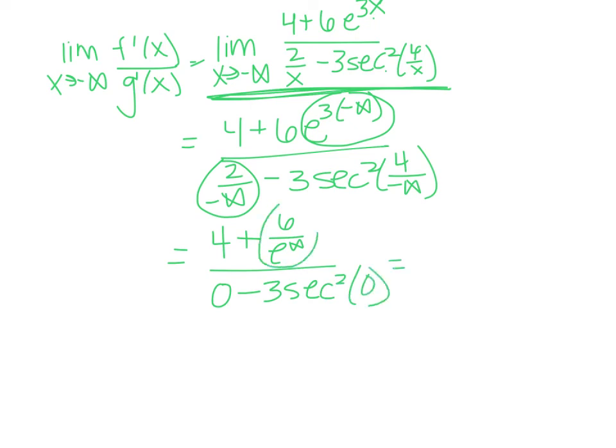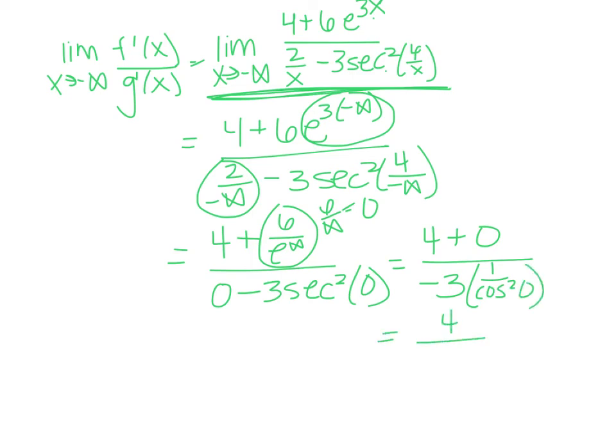Remember, 6 over e to the infinity is kind of like saying 6 over infinity, which is basically 0. So on the top, we get 4 plus 0 over negative 3 secant squared of 0, which is 1 over cosine squared of 0 using our reciprocal identities. So we get 4 over negative 3 times 1 over 1 squared.